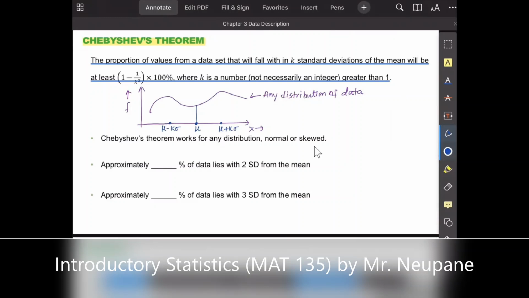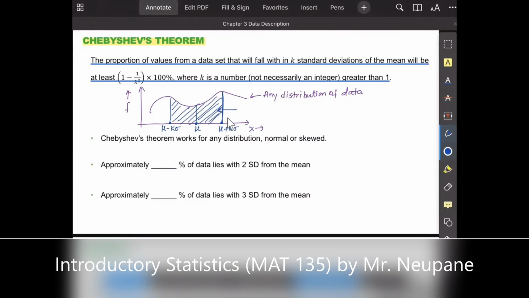So within this region, from mean minus k standard deviation up to mean plus k standard deviation, how much data is there? If you want to find what percent of the total data lies in this region, it is given by this formula.